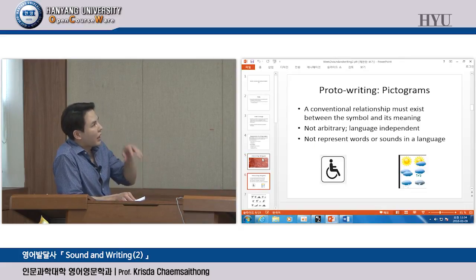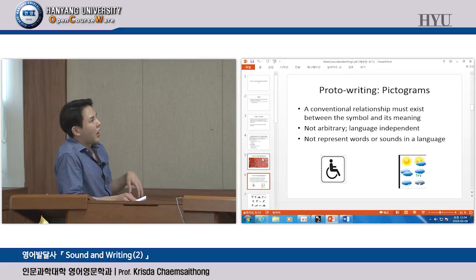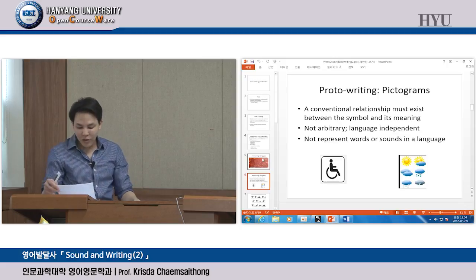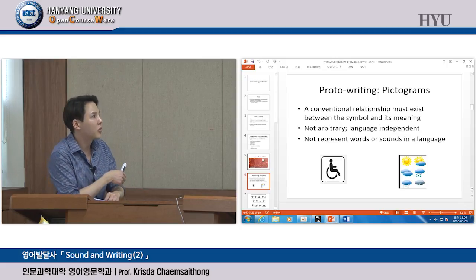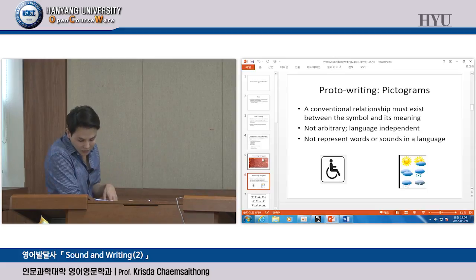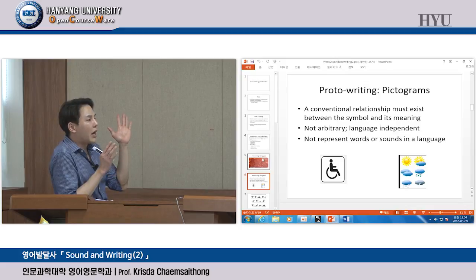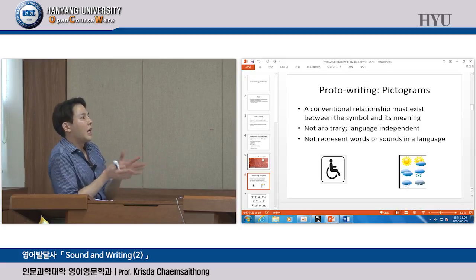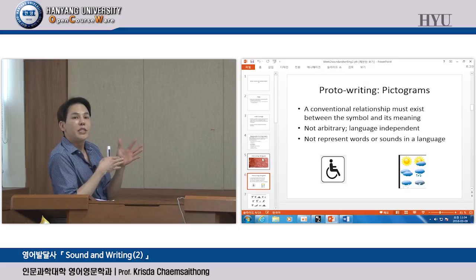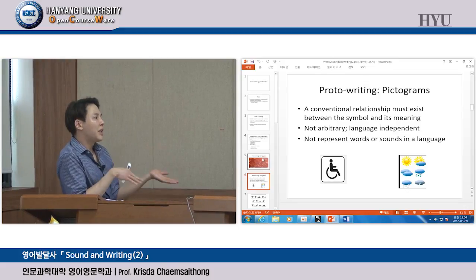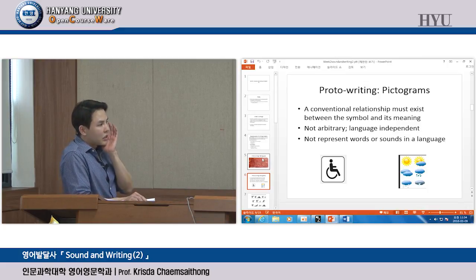And then the second one, besides petroglyphs, you have what we call pictograms, right? Pictograms are different. You can call them pictograms or pictographs. You have a picture that resembles an object, a picture that takes the form of that object that it is meant to represent. So this one represents a person in a wheelchair.